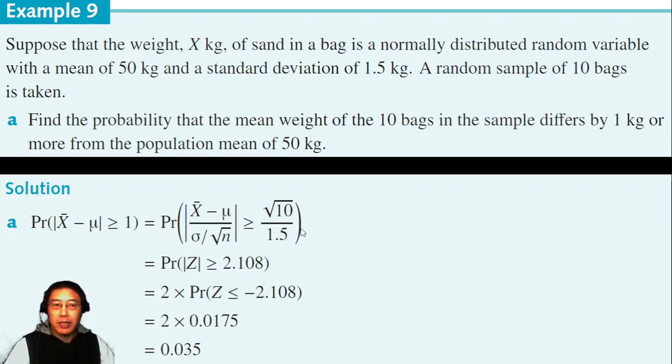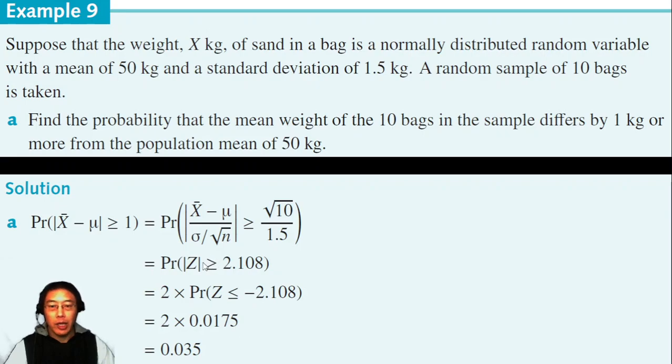On the right hand side, we have the distance has to be greater than or equal to 1, and we divide by the standard deviation of the sample mean. So sigma over root n is 1.5 over root 10, and the left hand side is your standard normal variable.